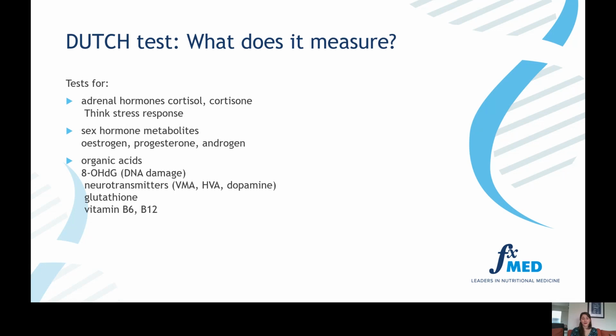We also look at the metabolites VMA and HVA, as well as dopamine, which can give us a good understanding of hormone levels and whether that is part of the picture for this person. Glutathione: does the liver have enough glutathione to be detoxing? And markers for B6 and B12, which are implicated in hormone health as well as a variety of other things. B vitamins are incredibly important.